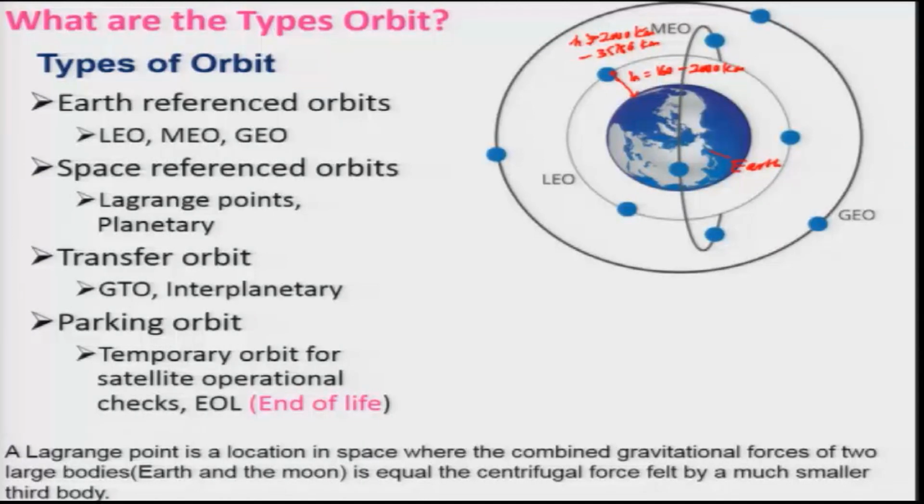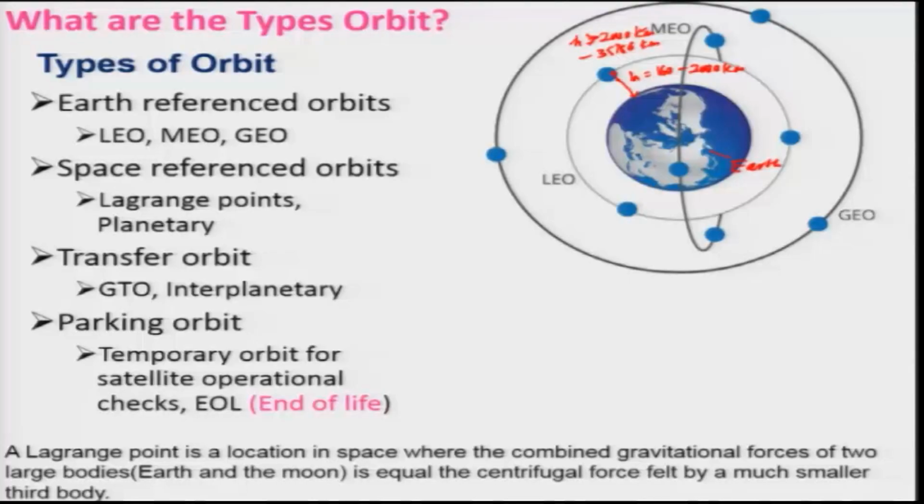Besides this, a parking orbit is a temporary orbit for satellite operational checks. Particularly when the life of the satellite is exhausted, we have to push the satellite from the actual orbit outward so that it does not affect others. And keep in mind that if the orbital velocity is reduced, it may go to an elliptical orbit.